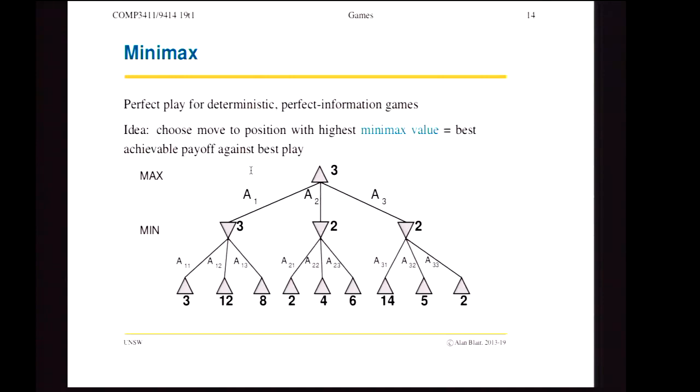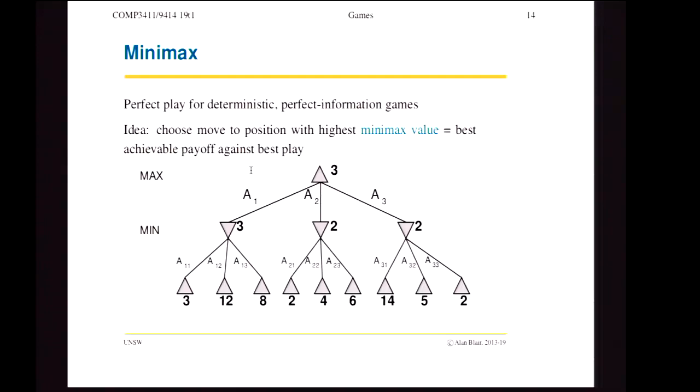It's not real money, it's just pretend, right? So you're called Max and I'm called Min. You're called Max because you want to get as much money as possible. I'm called Min because I want to give you as little money as possible. So the question is, which one are you going to choose? Are you going to choose A1, A2, or A3?